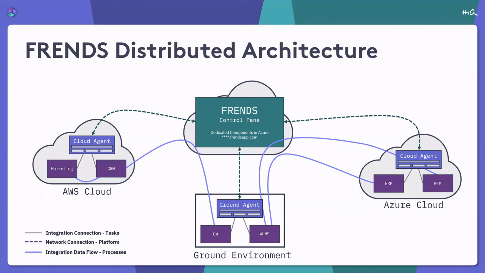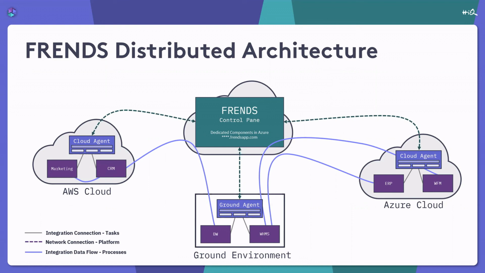Now, of course, the tricky bit here is how do we get Frends to pass data securely and through the central control unit from one agent to another. And if we can achieve this, and that's what we're going to be taking a look at in just a while, how to do this correctly using Frends.